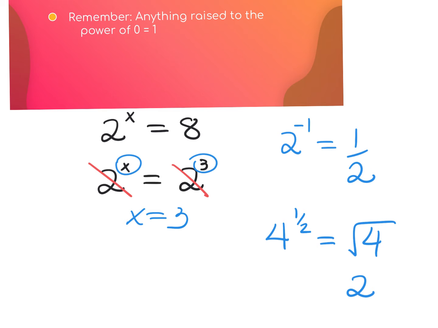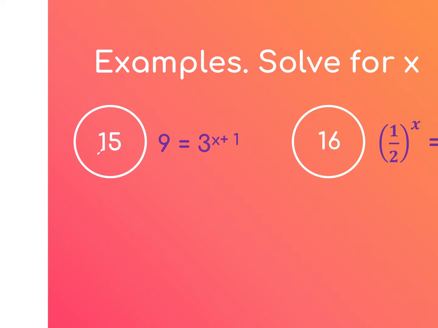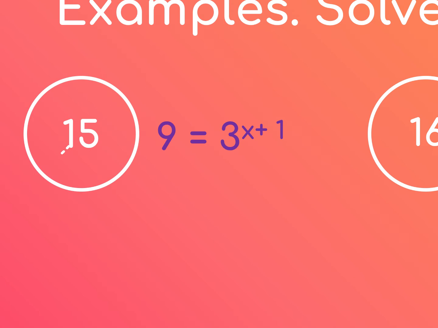So again, we're going to use the one-to-one property, and we're going to try to make the bigger number have the same base as the smaller number. So if I zoom in here, I'm going to try to make the bigger number, which is 9, have the same base as the 3. I know that 3 squared is equal to 9, so I'm going to change the 9 into a 3 squared.